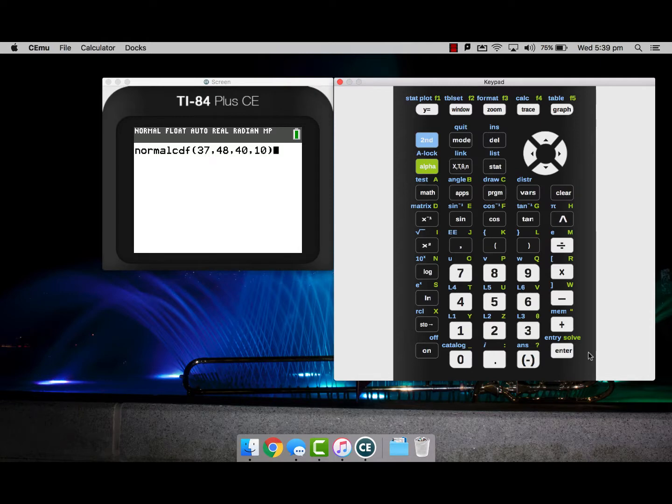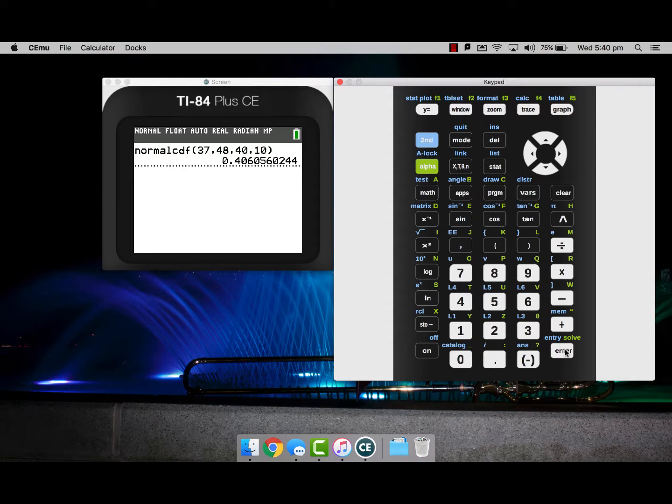We hit enter, and this will give us 0.4065605, etc. Now, what does this mean? Well, that means that roughly 40.6%, or 40.61%, of the data lies between 37 and 48.